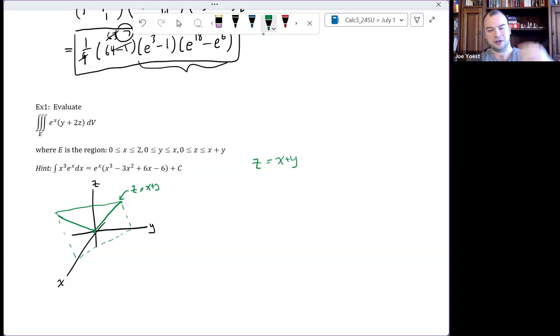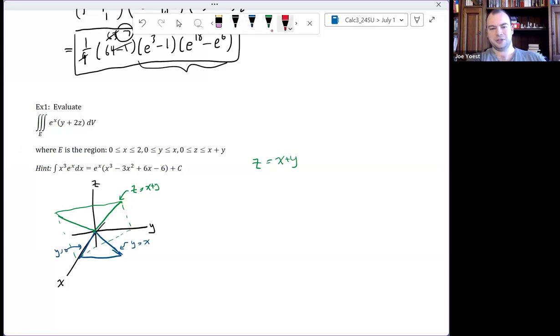Z goes between 0 and that plane. Y goes between 0 and x, so y equals 0 is the x-axis. And y equals x is the 45-degree line in the xy plane. So this is y equals x and y equals 0.